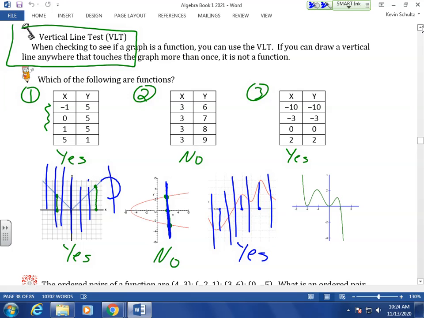Last one here. It is kind of tough to see. Every year I tell myself, I should get a different graph for this because it is kind of difficult to tell whether this continues to expand outward here or if it does go vertical. It's meant to expand outward, slowly expanding outward and outward. So if we assume that to be true, which is the intention, that last one, function yay or nay? Yay.